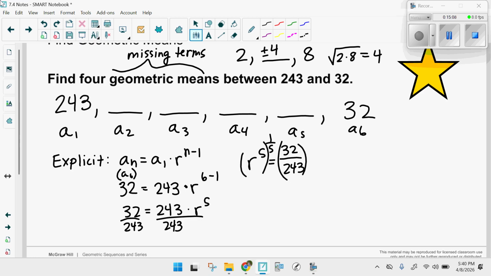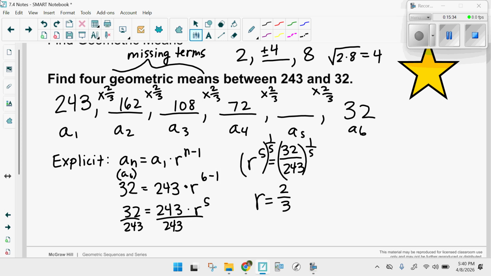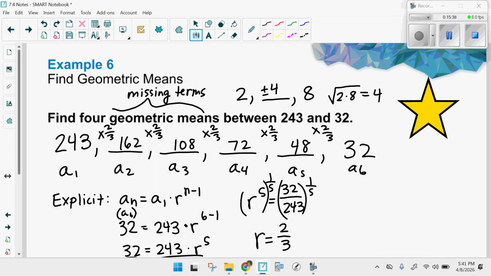I can raise both sides to the 1/5 power, and I would get r is equal to 2/3. To get to each new term, I'm multiplying by 2/3. Using a calculator, we can find that this would be 162, this is 108, this is 72, and this is 40.